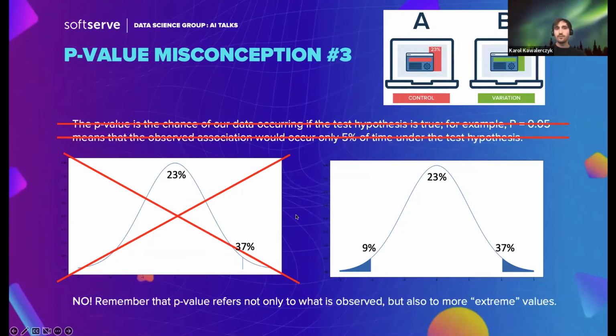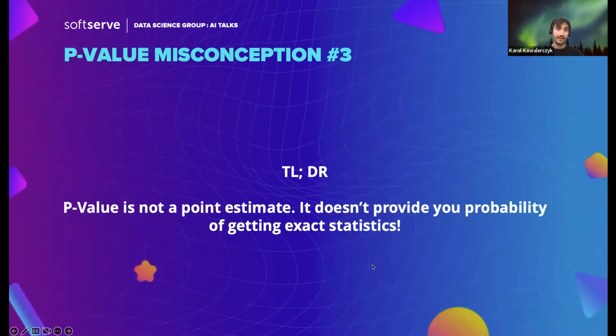Remember that the p-value refers not only to what is observed, but also to more extreme values. And this is the first bolded part in our definition. This is what you should keep in mind: this is the original p-value definition, and it doesn't talk about the probability of an exact value. It's not a point estimate. This is the takeaway lesson.